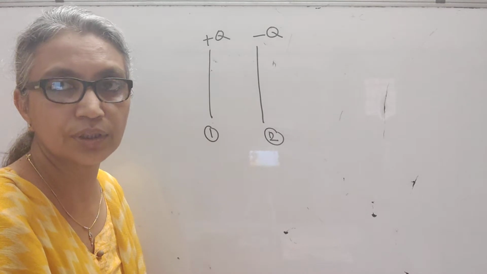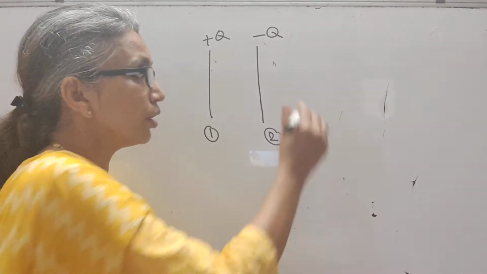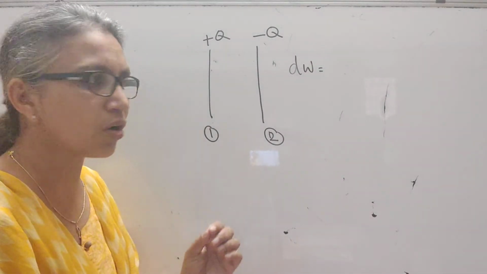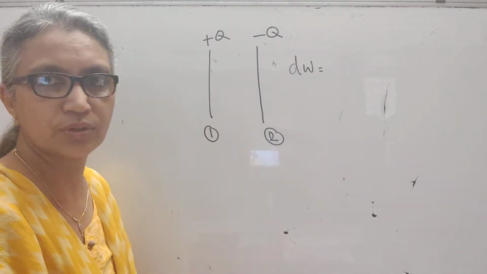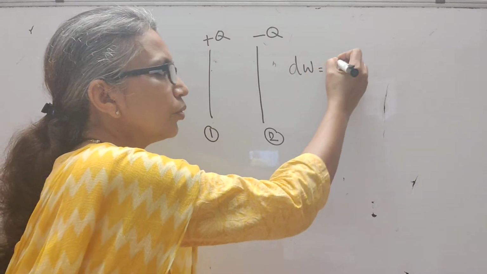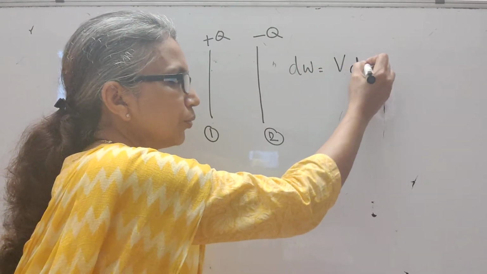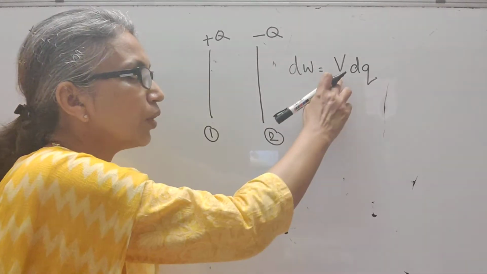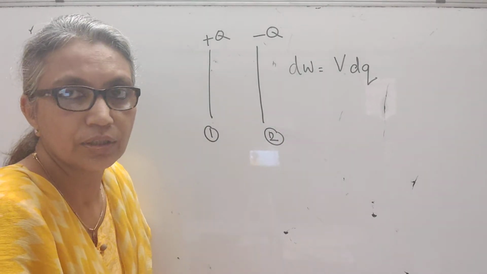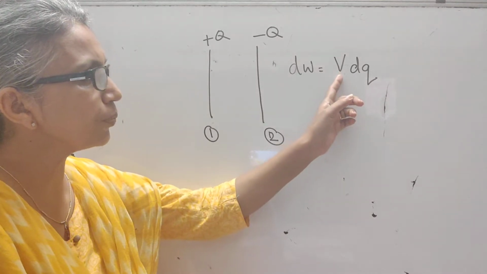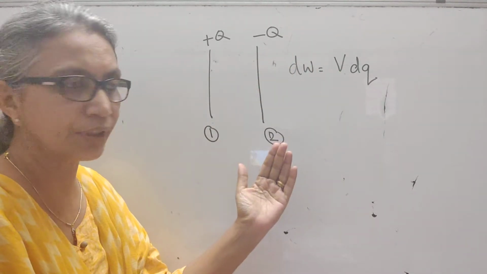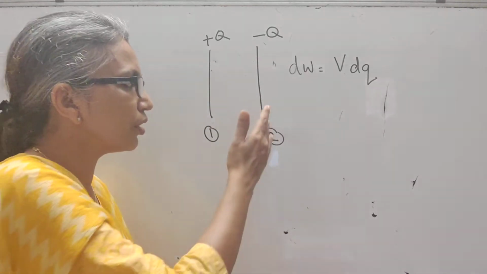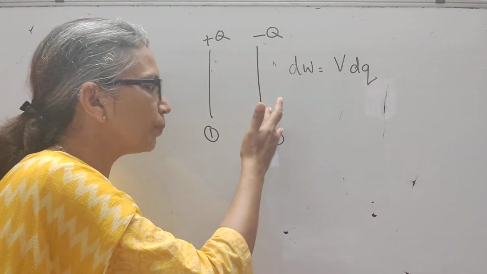We are now going to find the expression for work done. Let us take dW as the work done on a very small charge dq as you transfer it to the other side. So dW can be written as V dq, because V is the work done on unit charge, the potential difference between two plates, to transfer unit charge from one plate to the other.